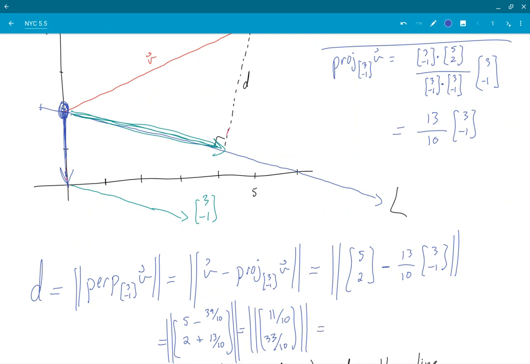Now, before I find the length, I'm going to want to factor out 11/10. Makes this a lot nicer. Otherwise, you're going to find yourself squaring 33, which you don't want to do. And we get 11/10 root 10.